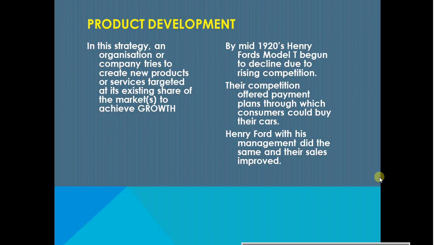So we see here that they applied the strategy of product development by creating a totally new product, which is essentially financing their customers and lending them credit or loans to be able to acquire those vehicles and pay slowly but surely. This indicates a totally different product compared to what they were used to manufacturing, and that is automobiles.